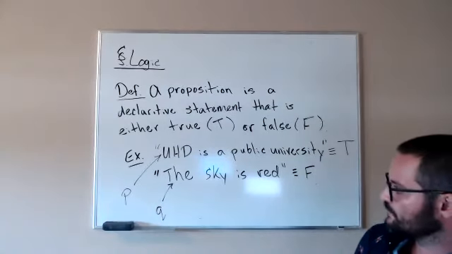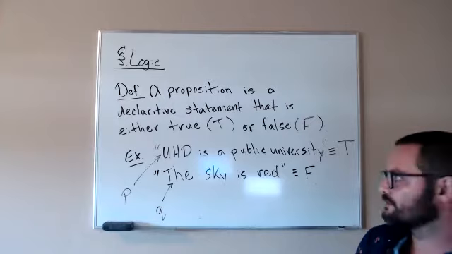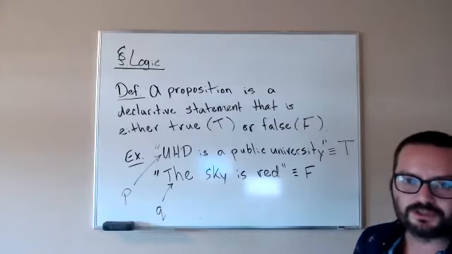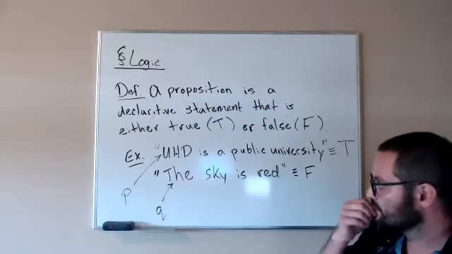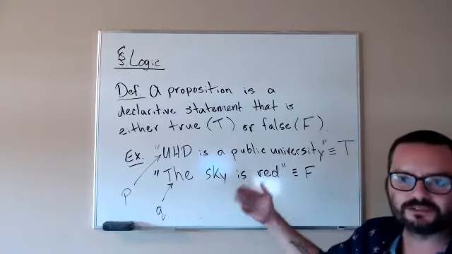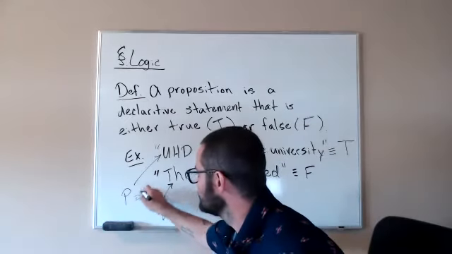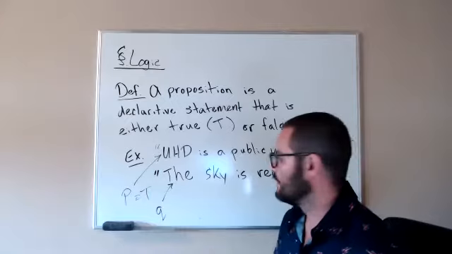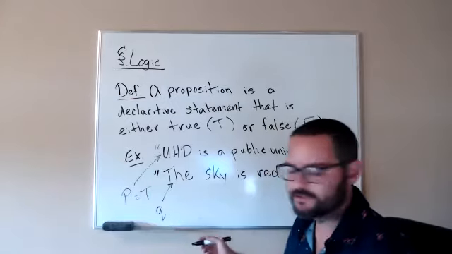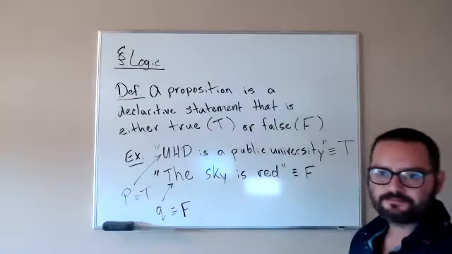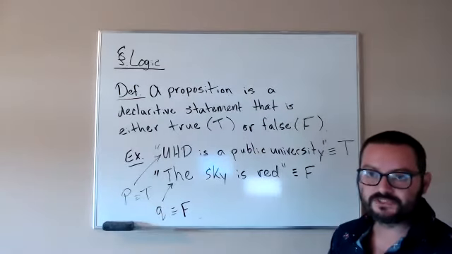So we will typically use lowercase letters like p, q, r, s, t to denote entire propositions. So P is the proposition UHD is a public university. And it happens to be the case that P is true. Q is the proposition the sky is red, which happens to be false. Okay? Simple enough, right?